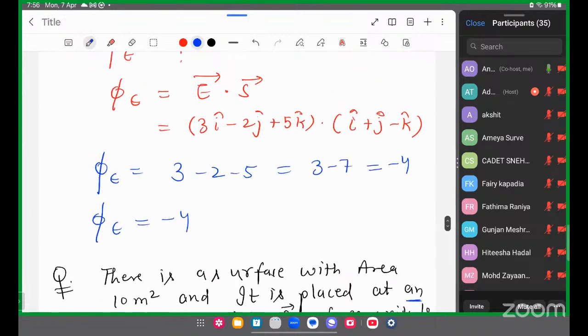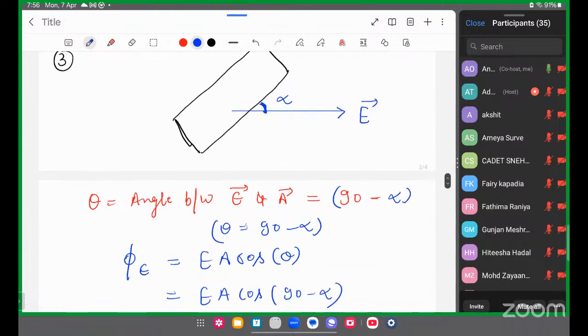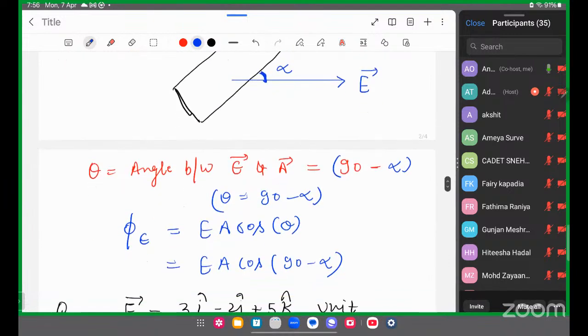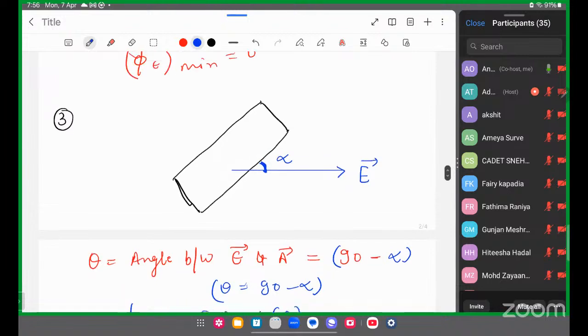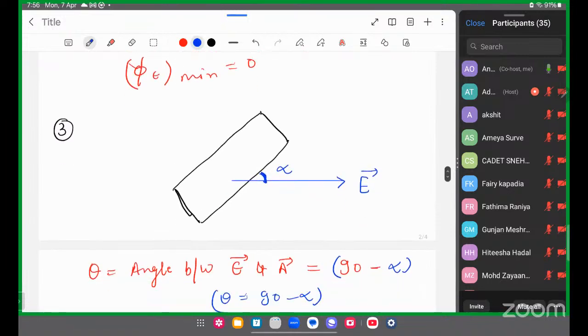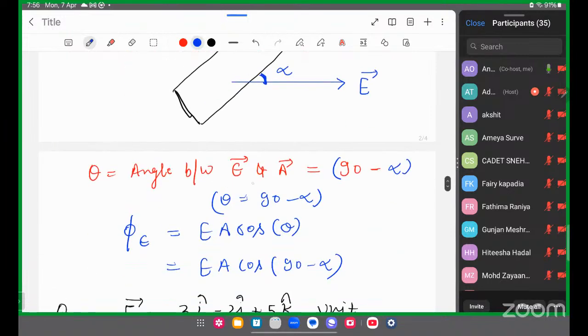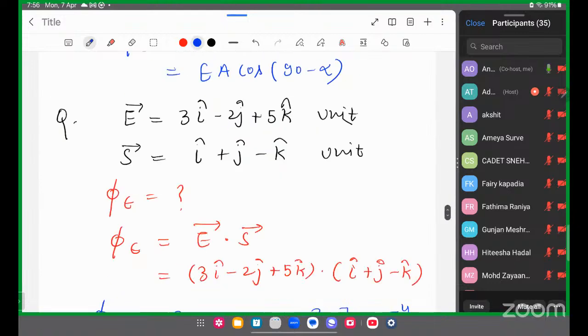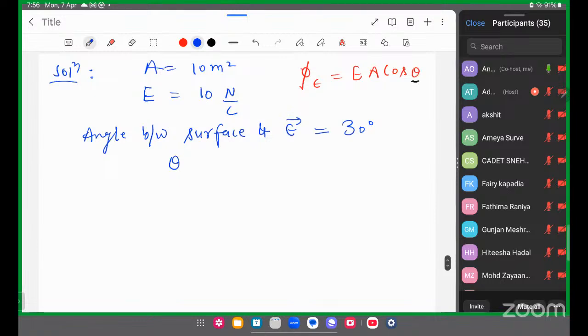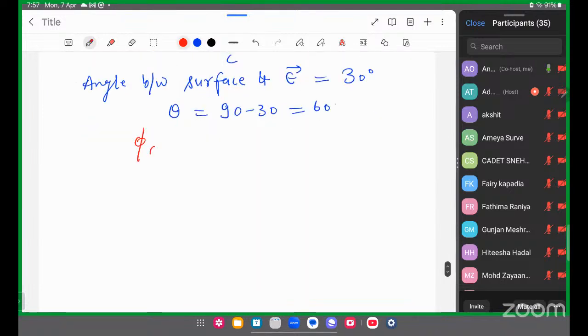And I already told you, if you know the angle between electric field and surface, you can find out the angle between electric field E and area by 90 minus. So in this case, the angle between electric field and area vector can be given as 90 minus 30, which will be 60 degree. Now we have all the information, we can simply put it into the formula.